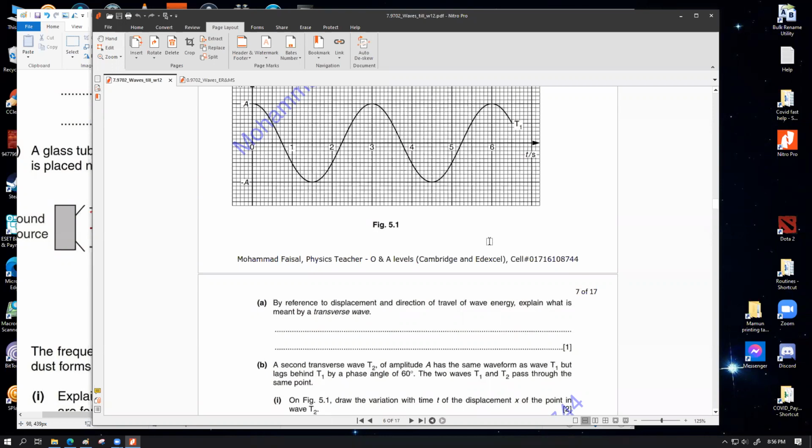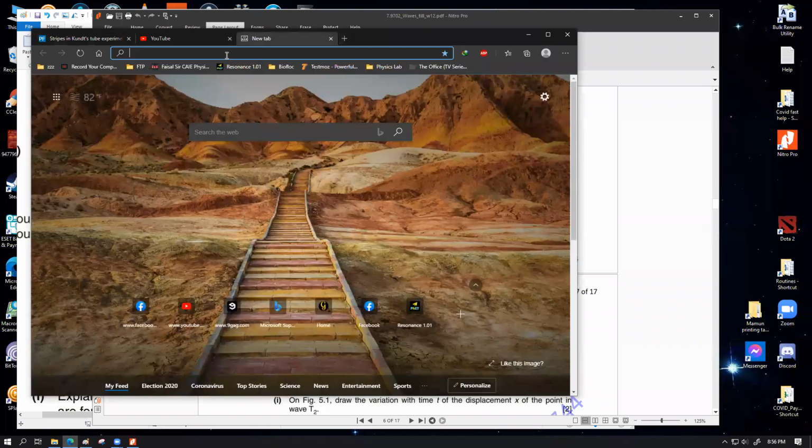So did I tell you about the leading and the lagging part for two waves? Ever? No, sir. Okay. So let me just show you a figure and then I'll go for the explanation.